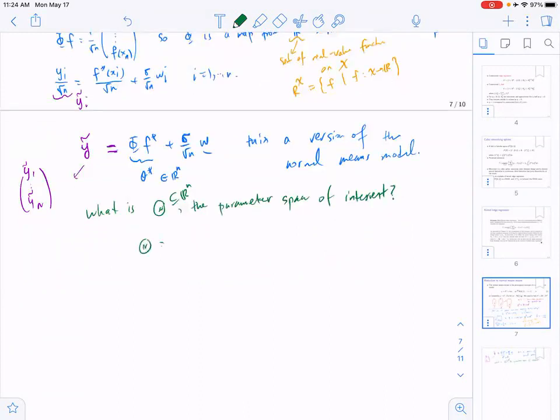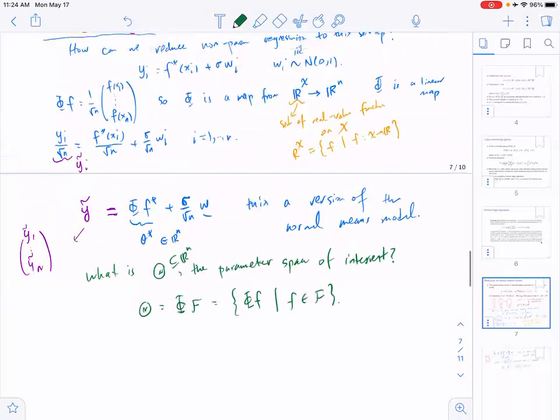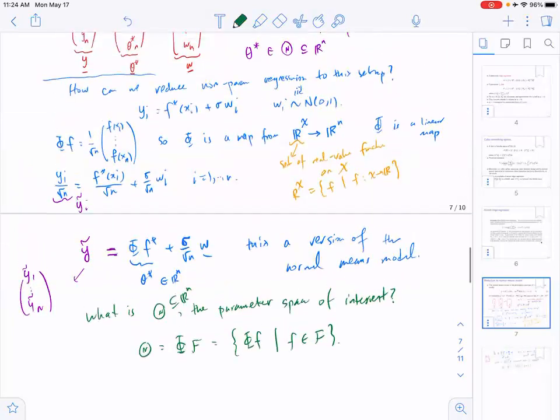Theta would be the image. We can write it as phi of f as f varies in the function class. So the image of the function class under this map would be theta, the set of all vectors of this form as f varies in the function class.